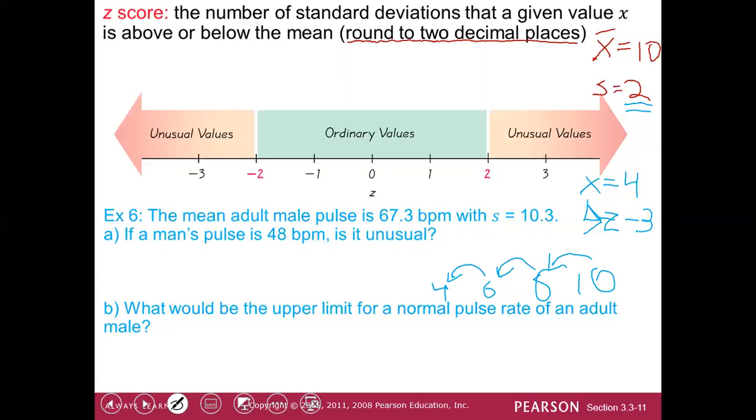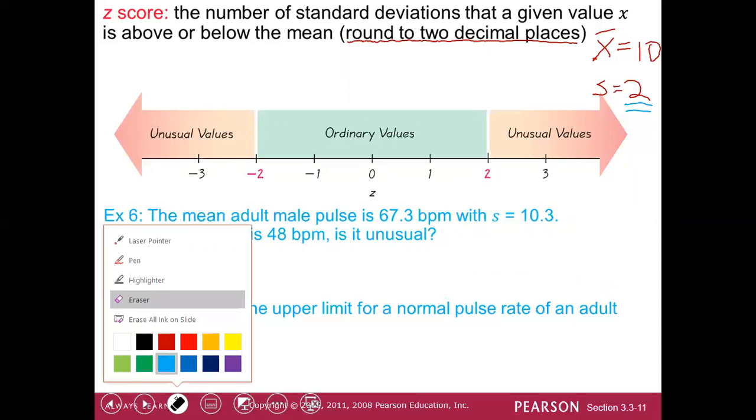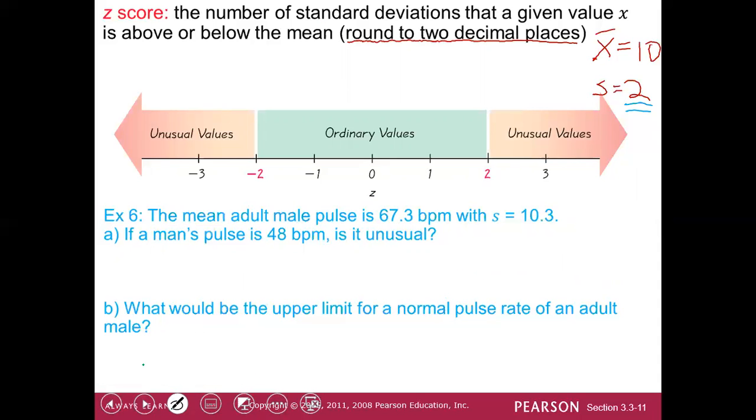If I had a data value of, say, let's try something a little crazier, what if I went with 13? If my data value was 13, and every 2 is a standard deviation, if I start at 10, I'd hop a standard deviation to get to 12, then 13 would be in the middle.